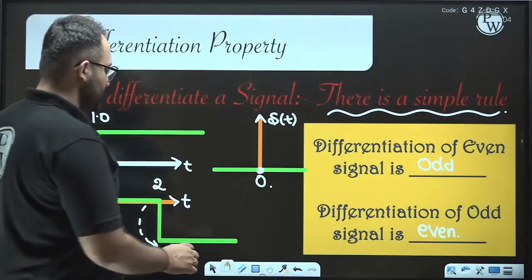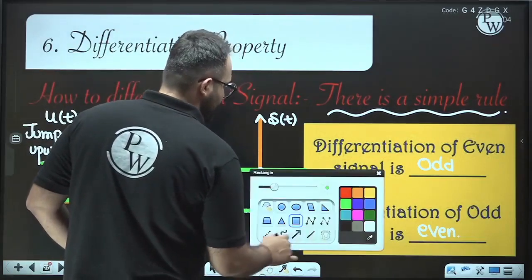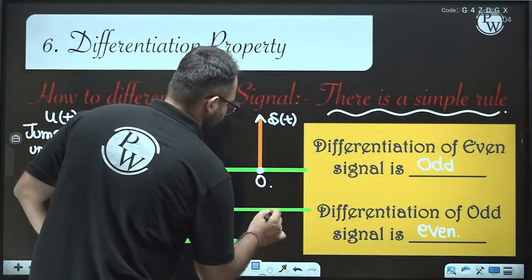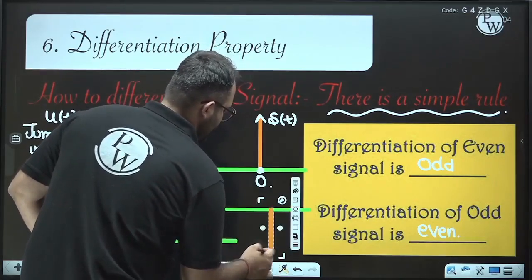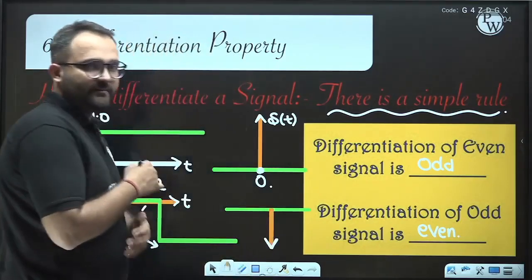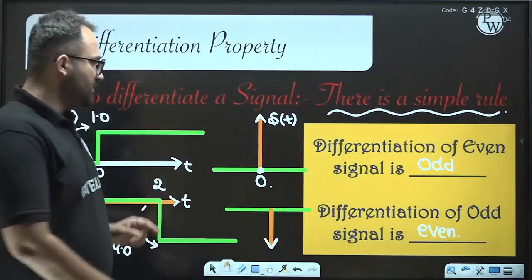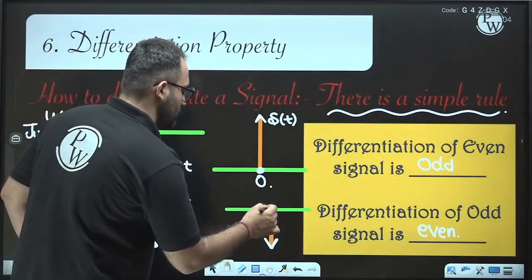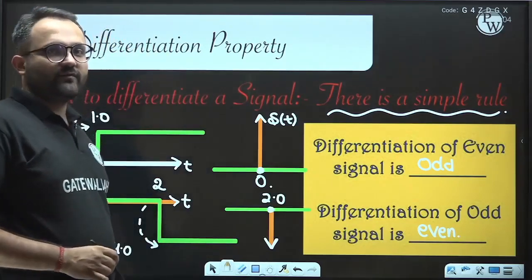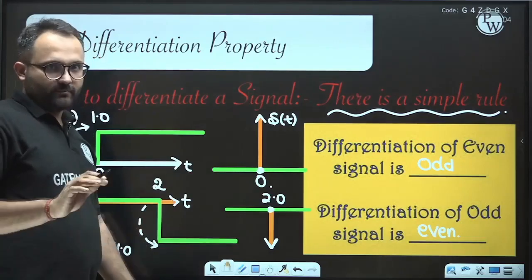So the differentiation of this signal will have a delta downwards at 2, and the area of the delta will be -4.